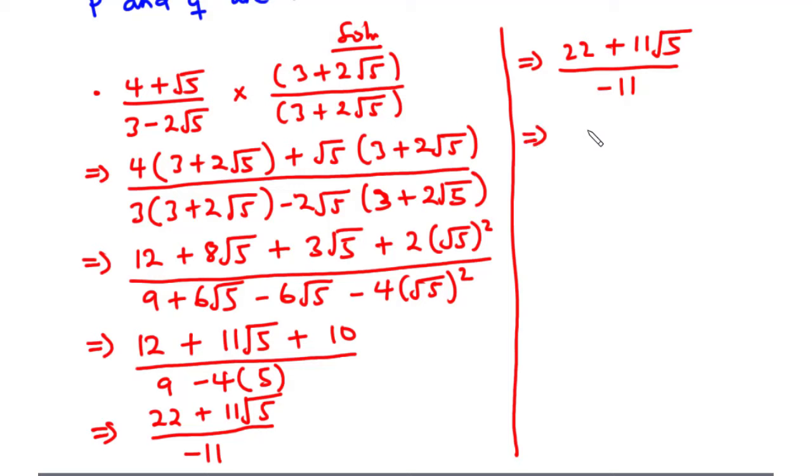So let's split this expression. So we can have 22 divided by negative 11 plus 11 root 5 divided by negative 11. So that is going to be negative 2, minus 11 cancels out 11. We have negative root 5.